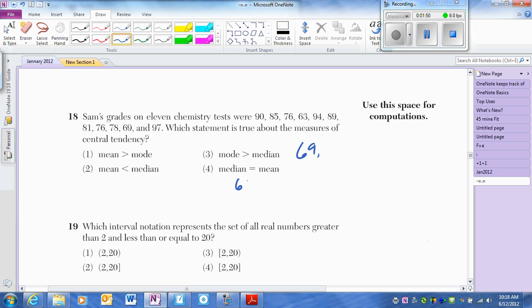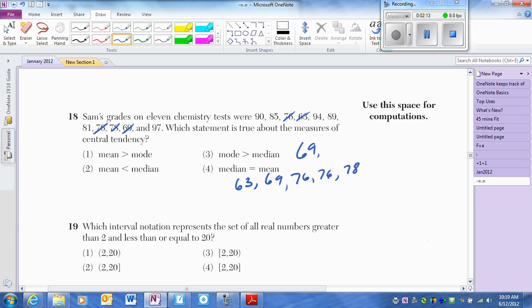Alright, let's try this. Right, 63. The next biggest is 69, of course. You have to have that number. Let's see, 76. And there's 2 76s. Next biggest one after that is 78.